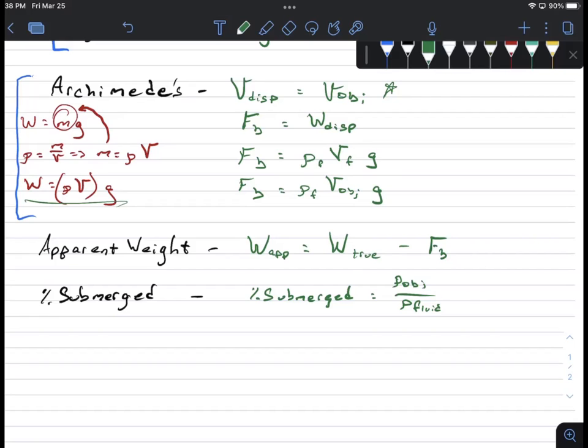But calculating the volume could be very difficult if it's some weird shape with a lot of air spaces inside. However, this shortcut equation means we don't have to worry about any of that. Just look at how much of the ship is underwater and how much is above the water, and that can tell you how to calculate this.